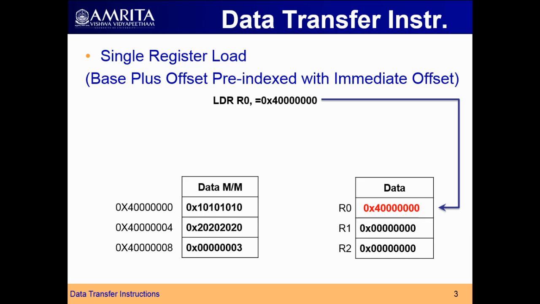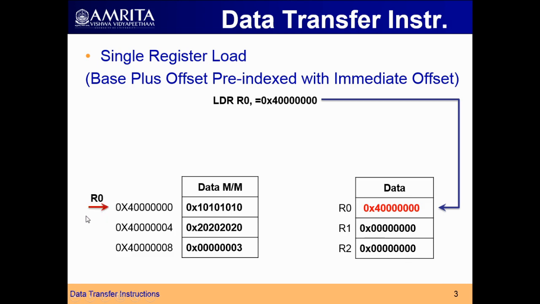In our case, I told 4000 is nothing but an address location of a data memory. So your R0 is containing the address of data memory. So if a register or a variable is holding the address of memory, what do you call that register or a variable? It is known as a pointer.